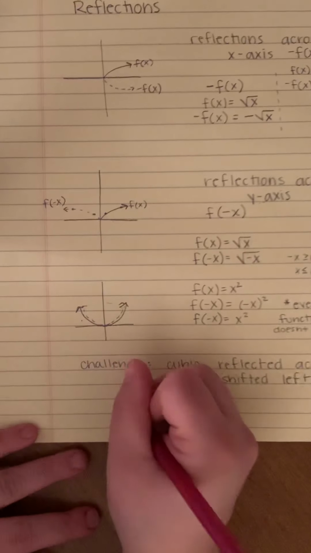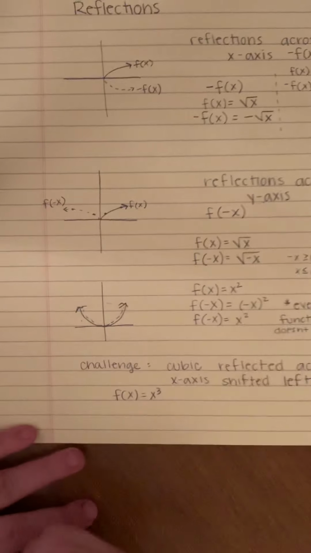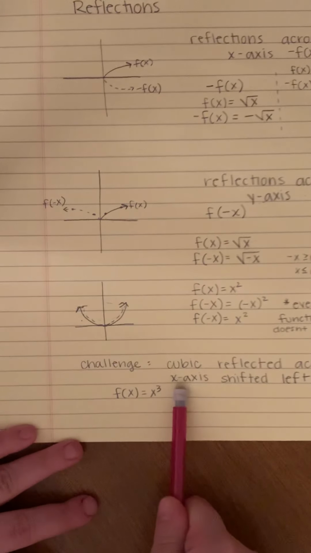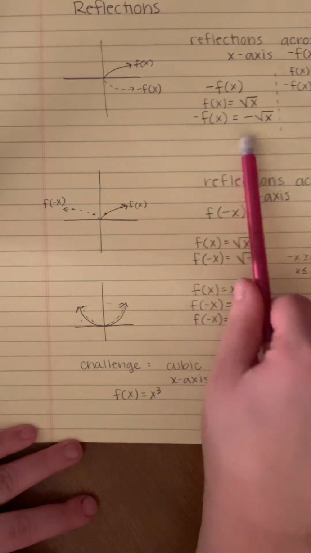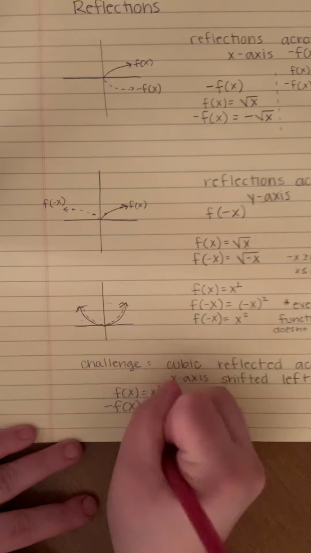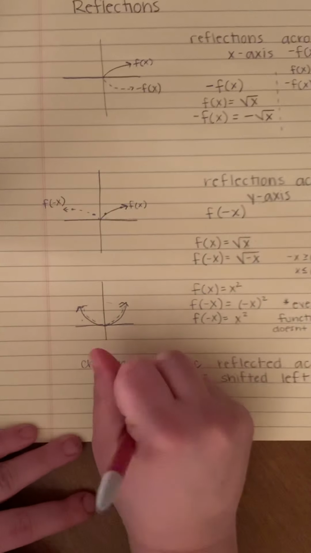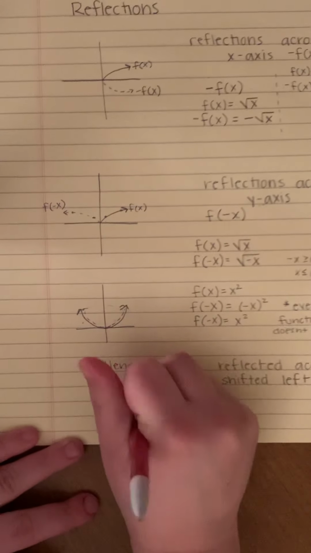All right, so if I was going to do this, I would say, well, f of x is equal to x cubed. So if I want to reflect it across the x-axis, I have to use this rule from up here. So I'd have to say negative f of x. And then if I wanted it to be left 2, I'd have to erase this parenthesis here because I'd want it to go left.